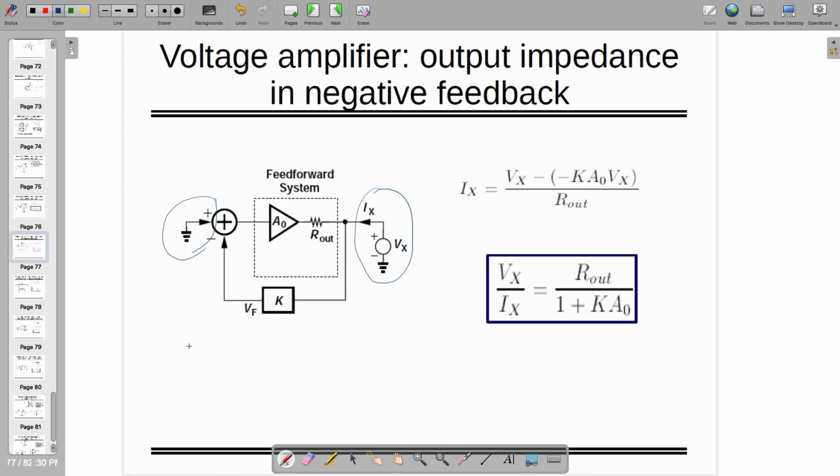I_x is nothing but the difference between V_x and V1, so (V_x minus V1) divided by R_out is going to give me I_x.